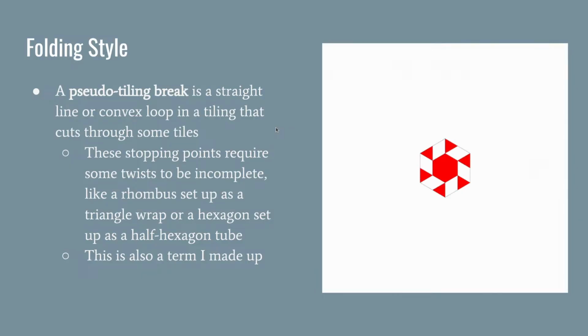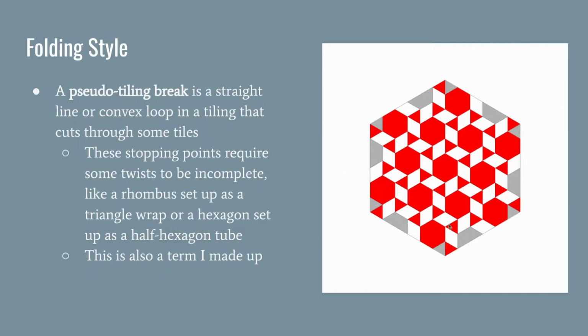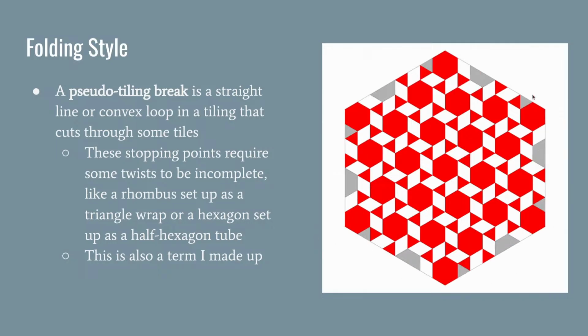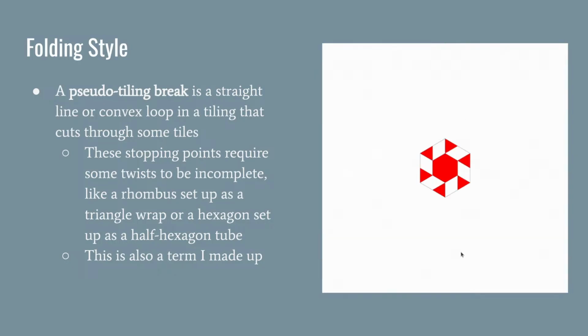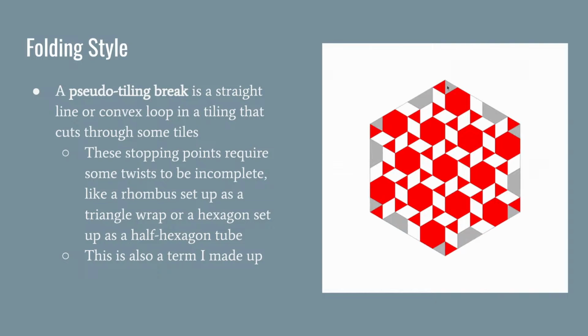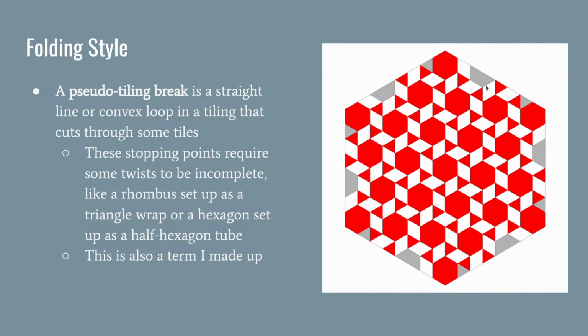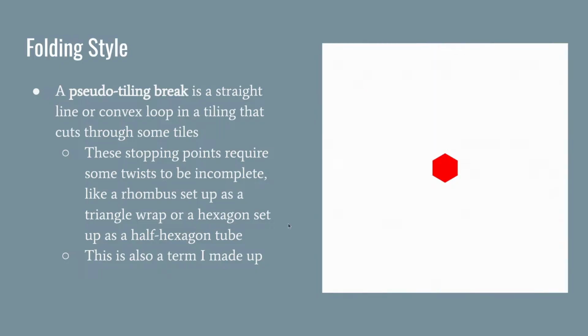Likewise, pseudo-tiling breaks. These breaks cut through tiles, so you'll see the gray on the edges. That is where I'll partially set up twists, like these half hexagons, and then they'll turn into whole twists later on.